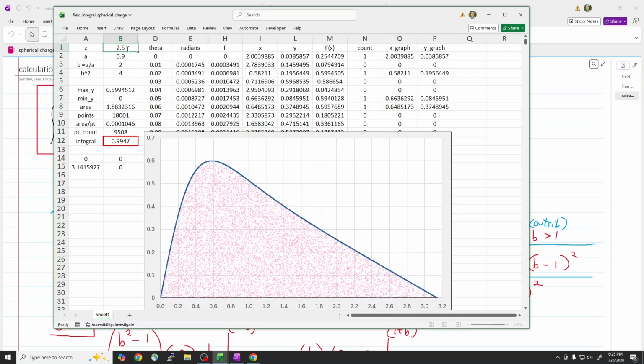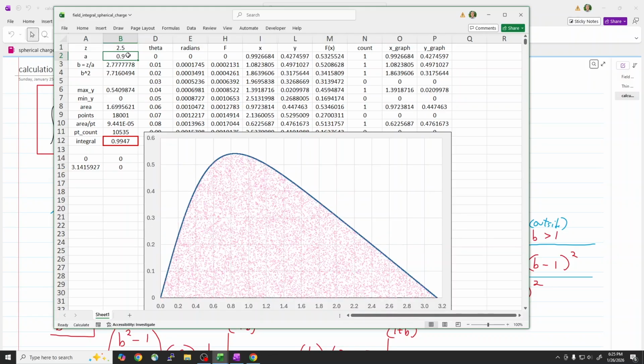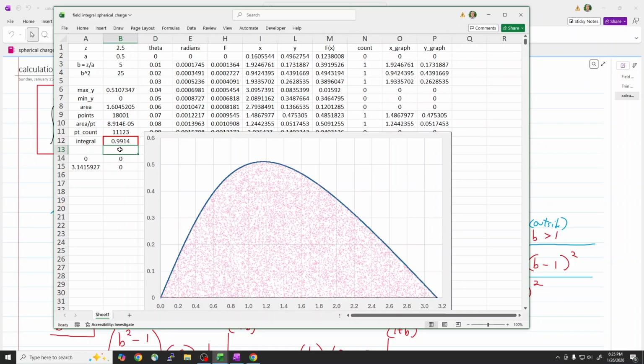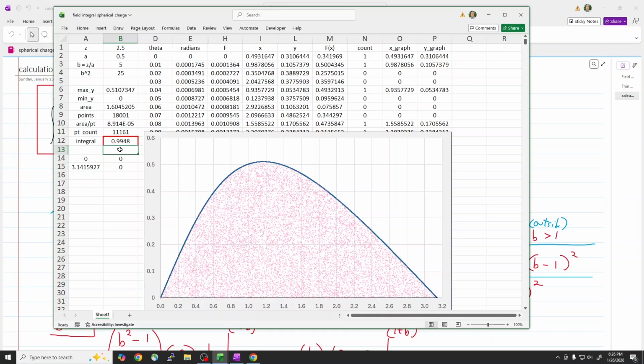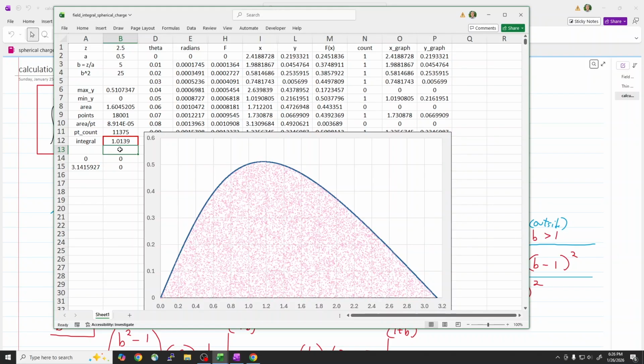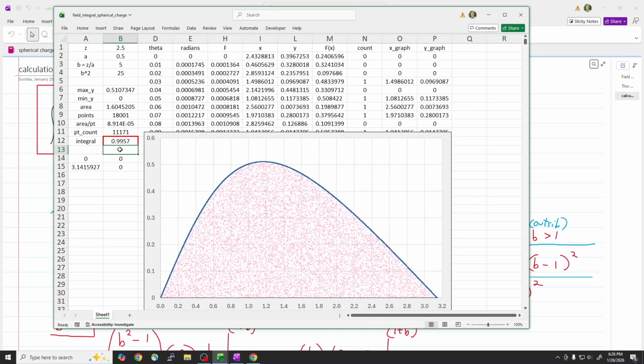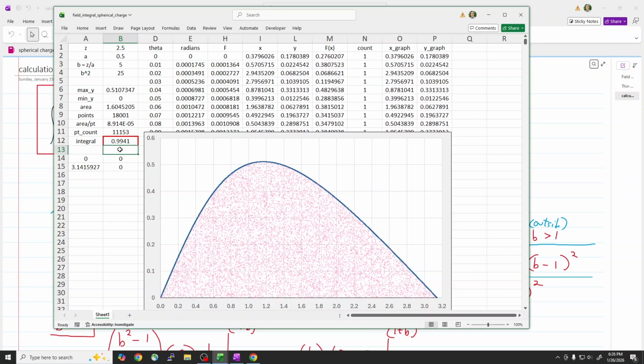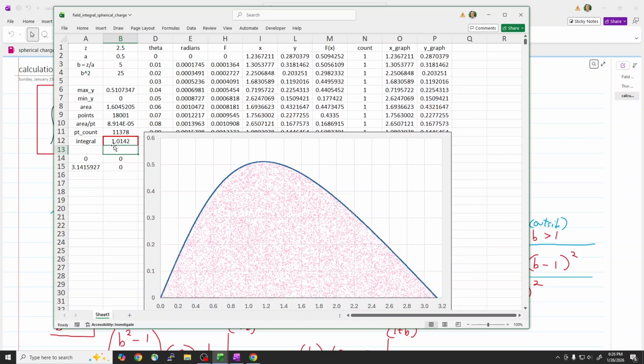I could say 2.5 and 0.5, for example. As I keep generating over and over, you'll see 0.9914, 0.9948, 1.139. Right, and if I keep doing this maybe 10 to 20 times and take an average, I'm getting the 1.